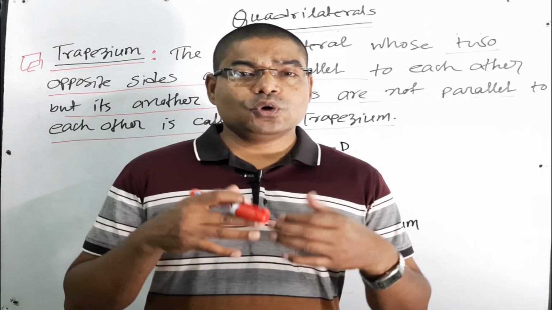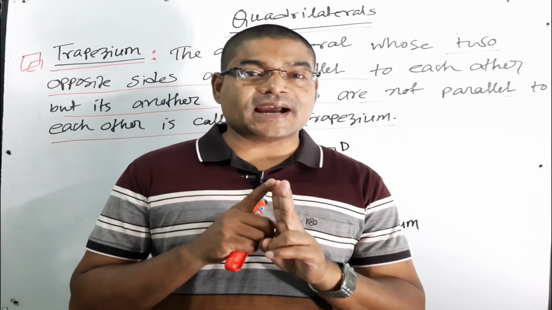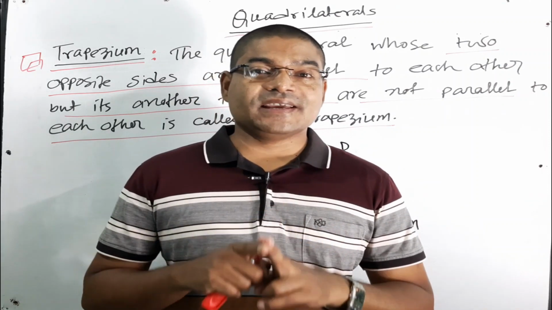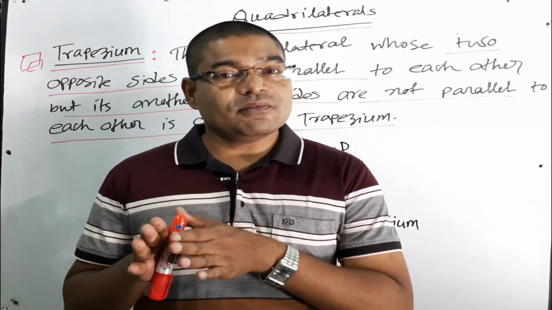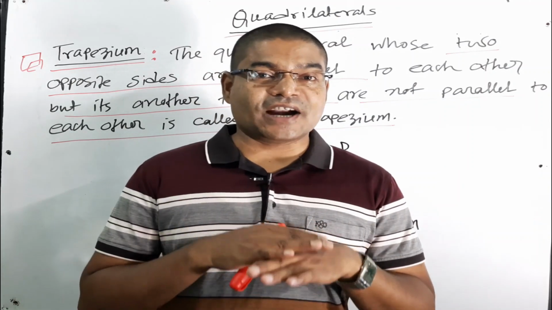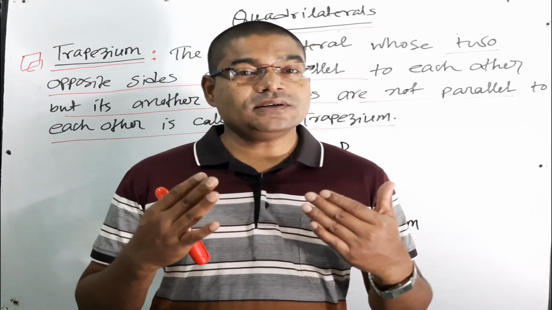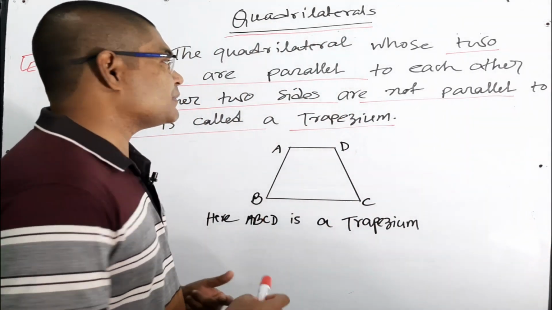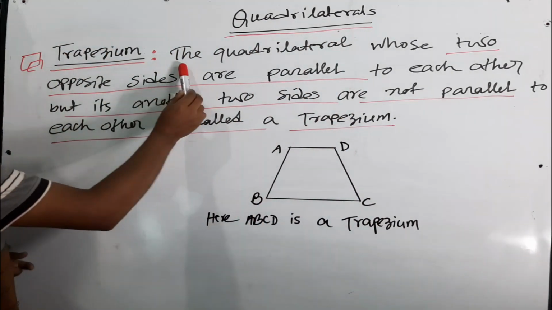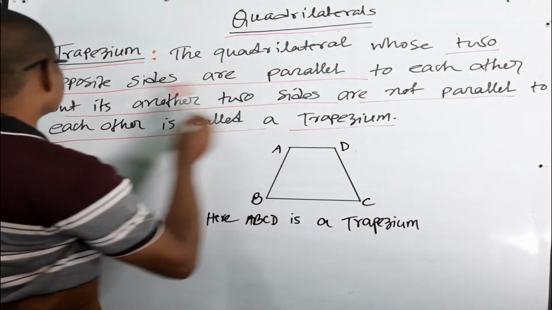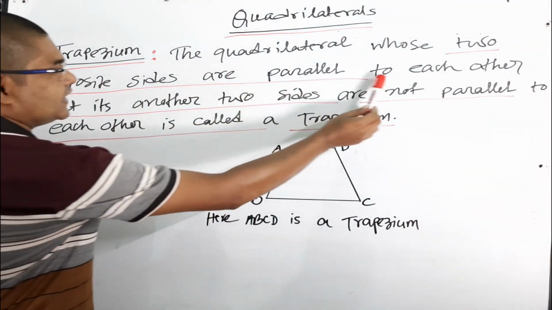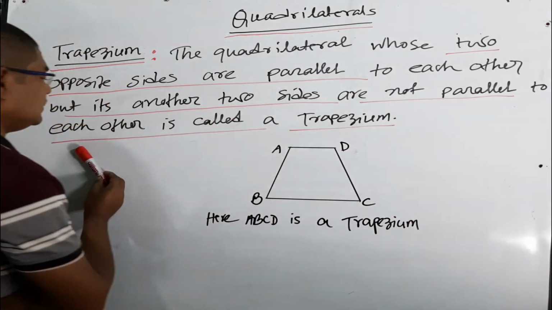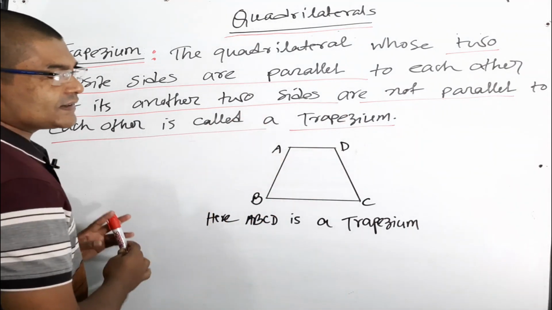The quadrilateral whose only two sides, that means a pair of sides, are parallel to each other, and the other pair, that means the other two sides, are not parallel, is called a trapezium. Trapezium: the quadrilateral whose two opposite sides are parallel to each other, but its other two sides are not parallel to each other, is called a trapezium.